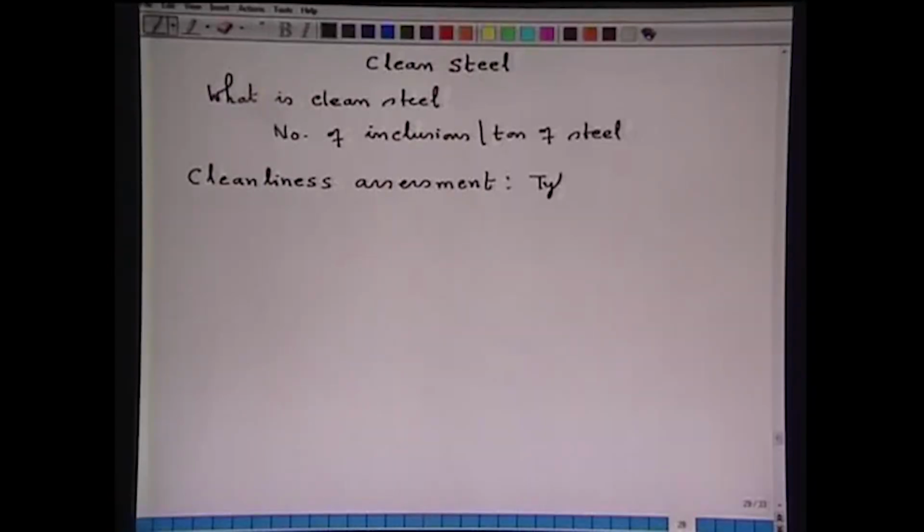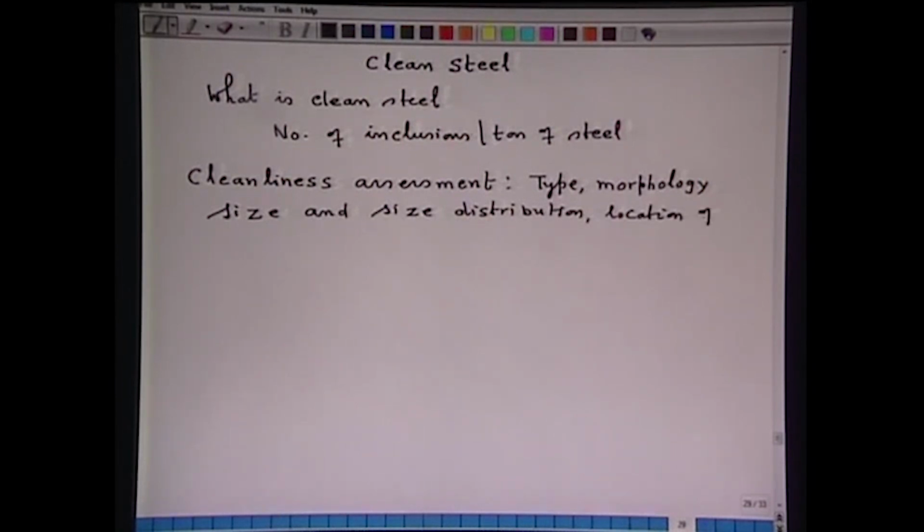Type of inclusion, morphology of inclusion, size and size distribution are important, and it is also important where the inclusion is located, that is location of inclusions.